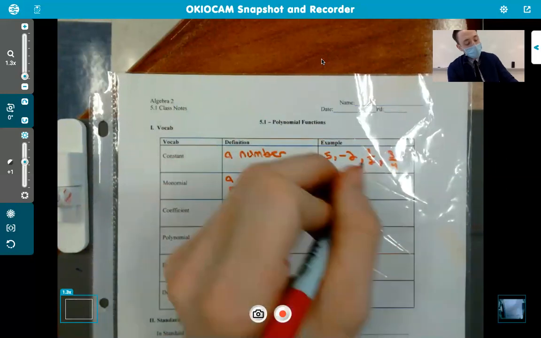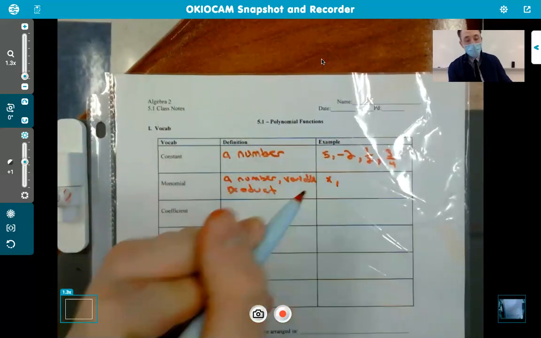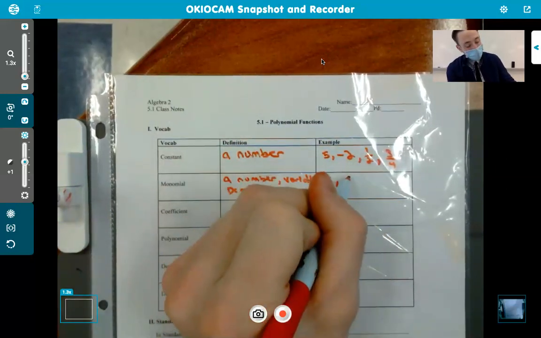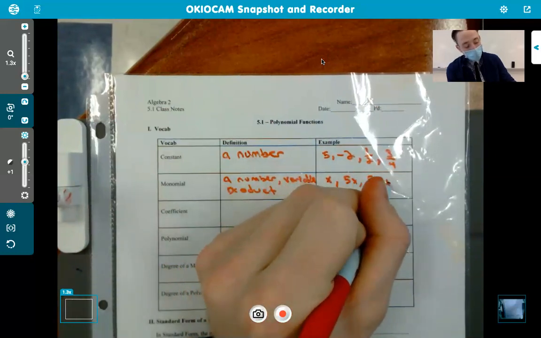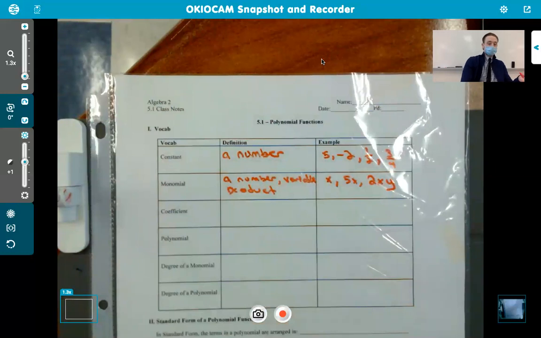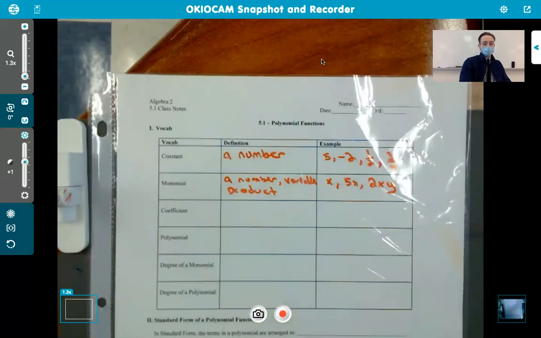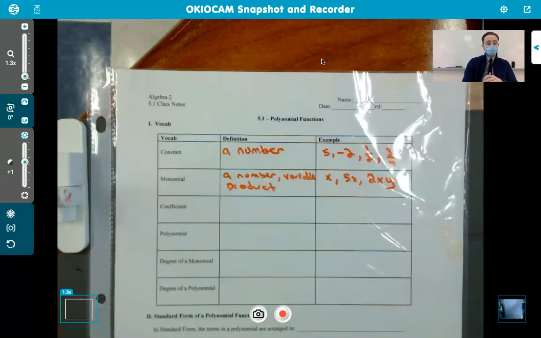So an example of a monomial, just that one term, we could say it would be x, 5x. Could be multiple variables, but still all one term, just a product of a number, variables, or multiple variables. Okay. So 2xy is a monomial too. It's just that singular term. Okay. Any questions so far?